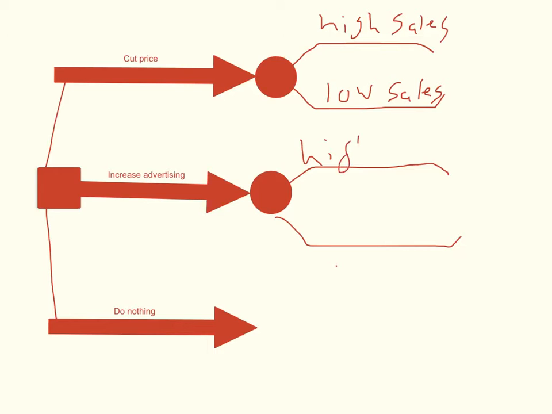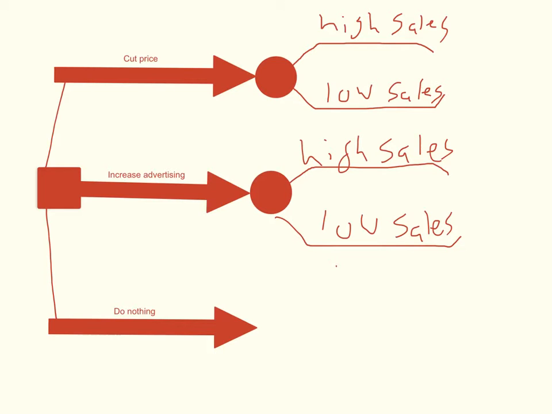So again, this could lead to high sales, or could lead to low sales. So how do we determine what the outcomes might be? Well, for these options, we use probability.